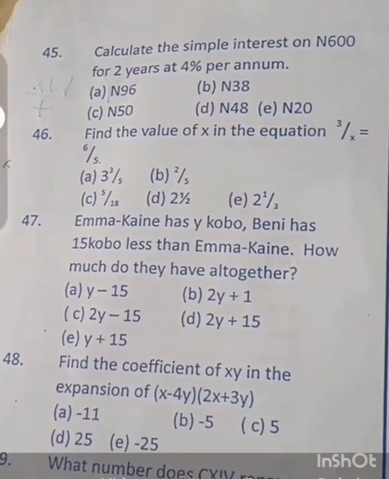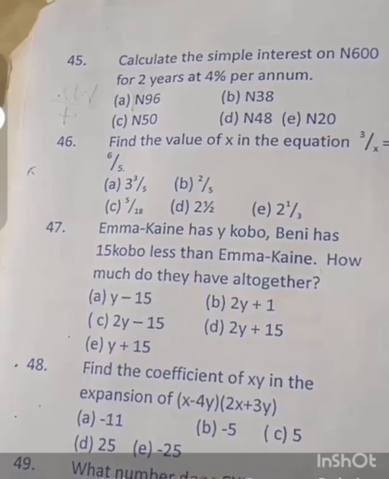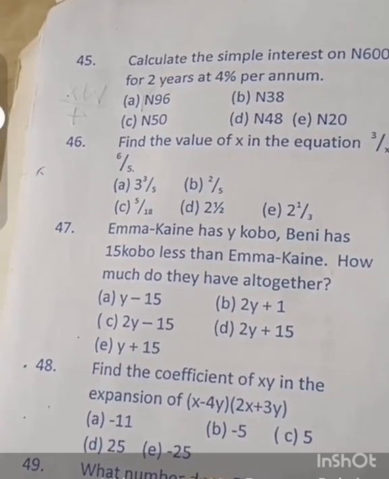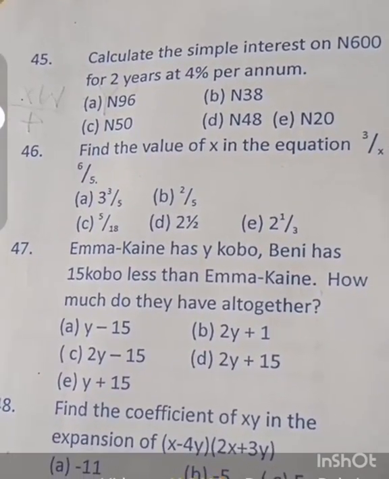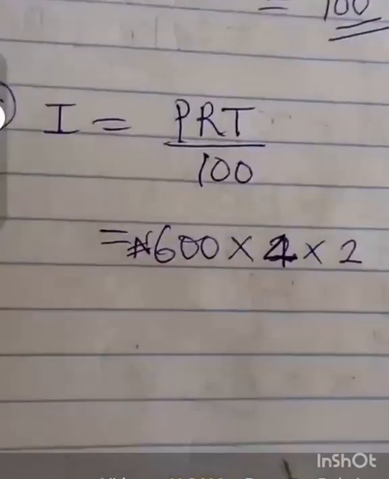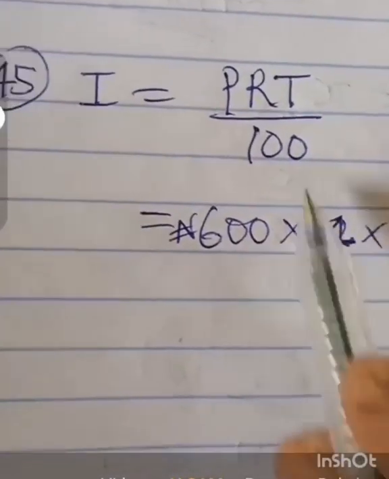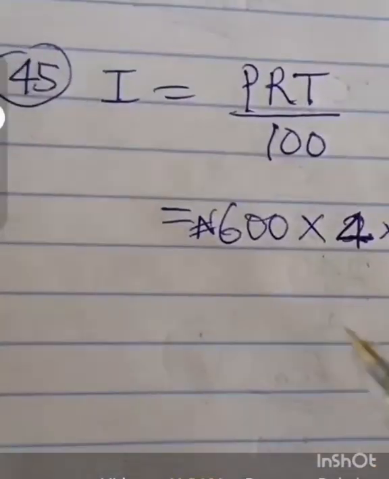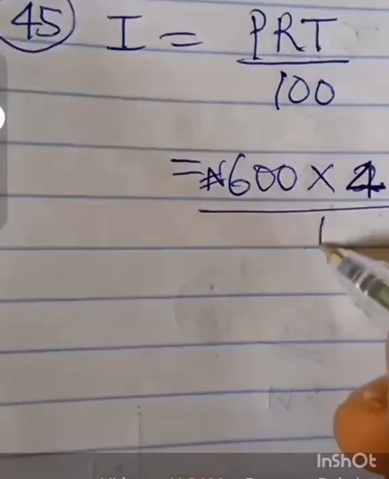This will be 4, because that is our rate. Our rate is the percentage, which is 4. Our time is 2. So all over 100.